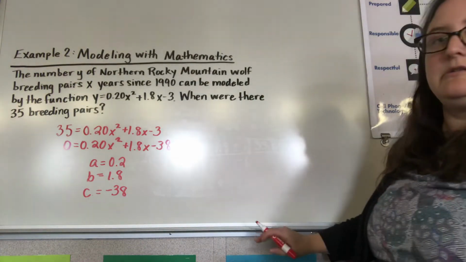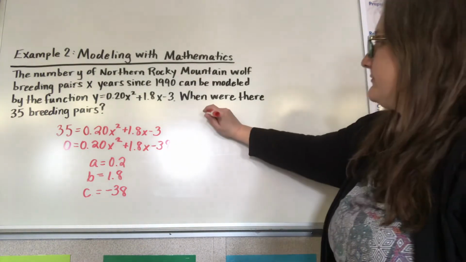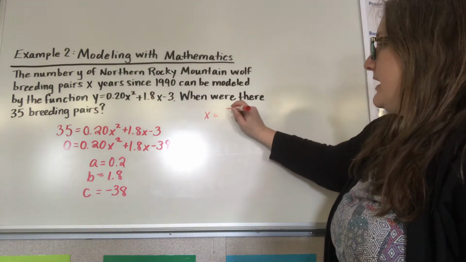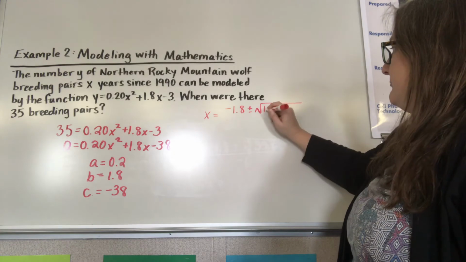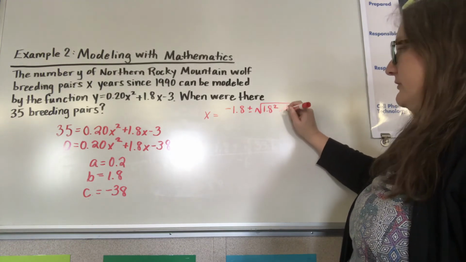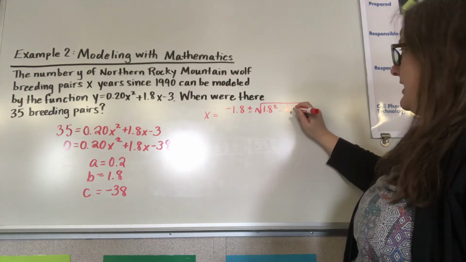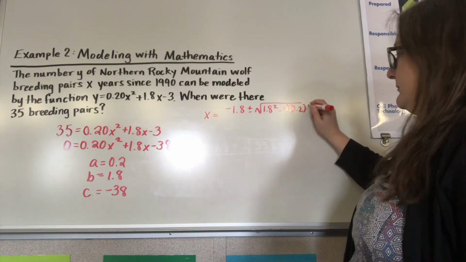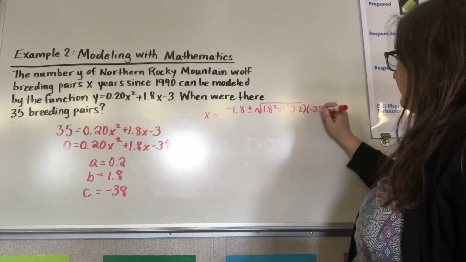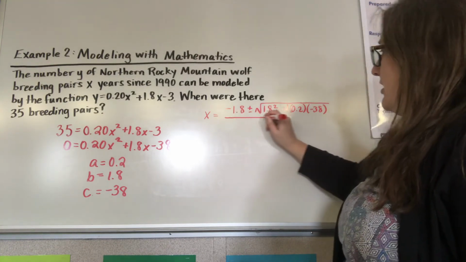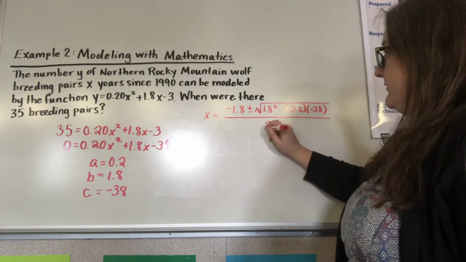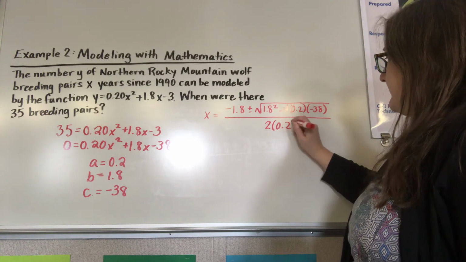Okay, so I'm going to plug it into my quadratic formula. So negative b plus or minus the square root of b squared minus 4 times a times c, all over 2 times a.